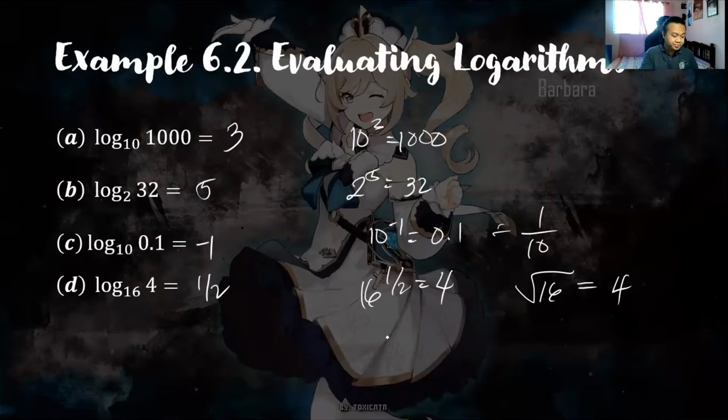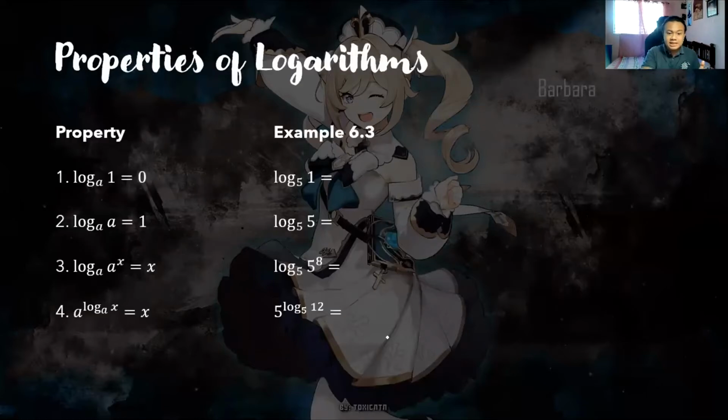Okay? Next, we have the properties of logarithms. So we apply properties here. If the number is 1, then taking the logarithm of 1, with any base, the answer is always 0.